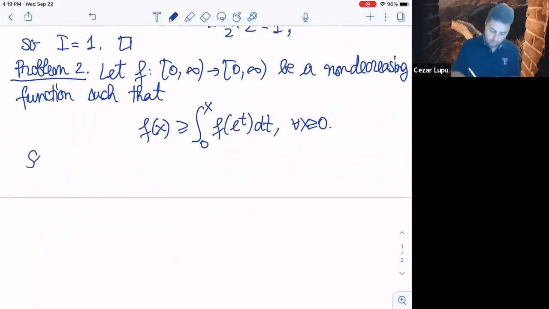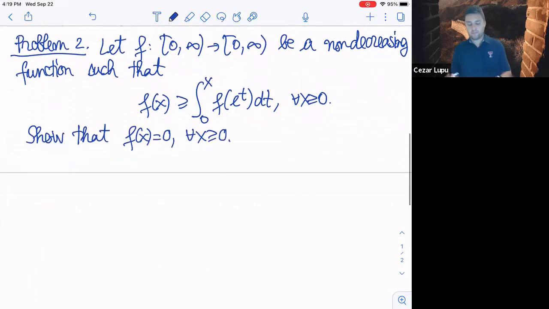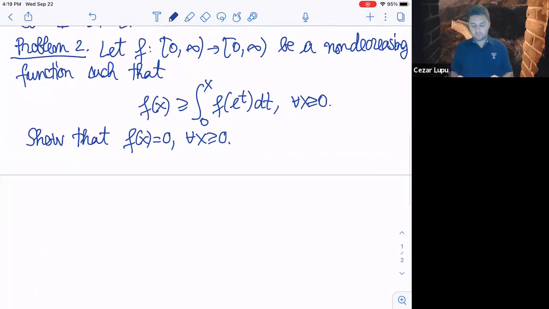Show that f of x is actually 0 for all x non-negative. I hope this is the right statement. Let me just check a bit. I don't want to make any mistakes.